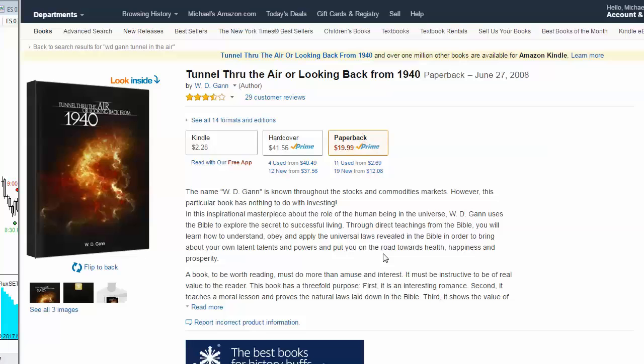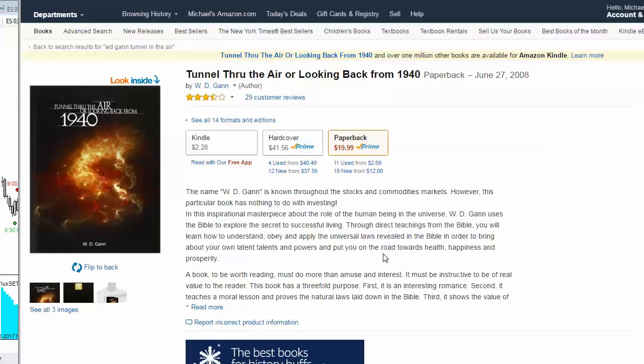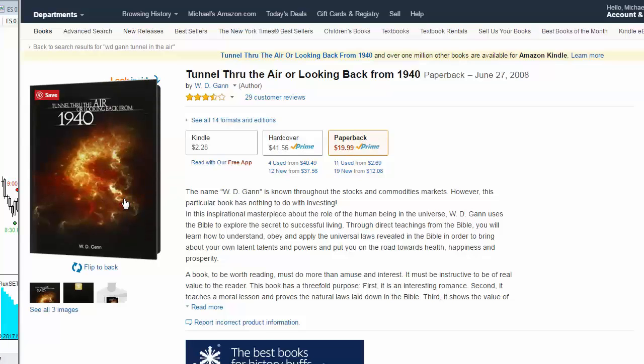If you have not read the book, I strongly advise you to read the book. Many people theorize that Gann left the secrets to his theories in this fictional work that he wrote.